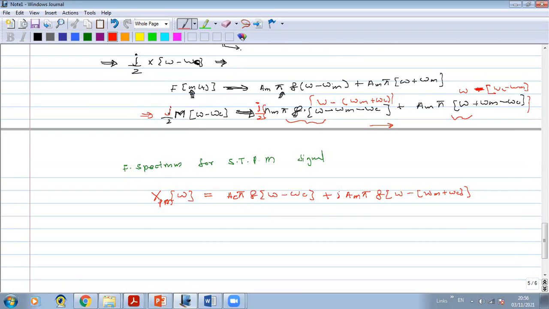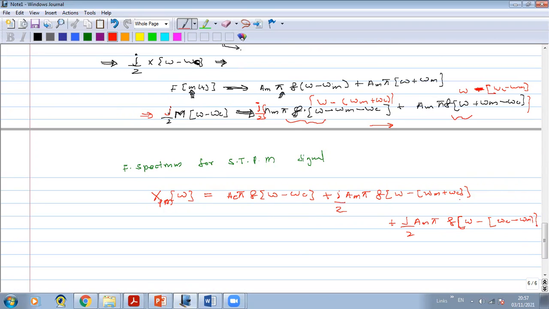So here we have to use j half, plus j half m5 delta omega minus omega c minus omega m. Okay, so these terms I have.